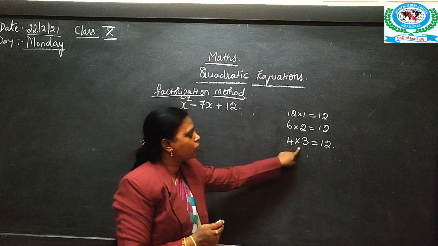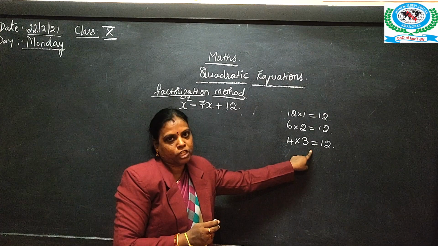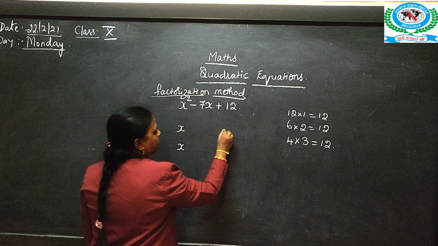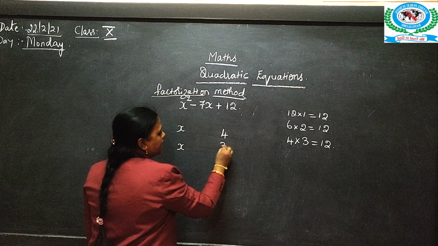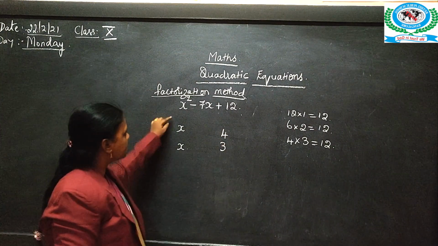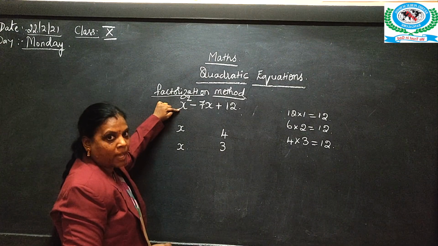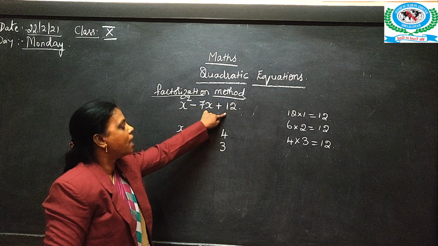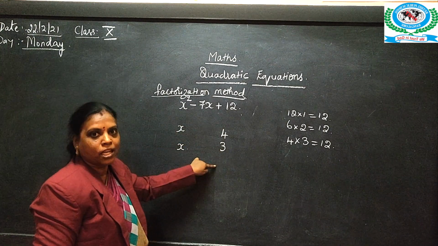So we will go for 4 into 3, which is equal to 12. So split this as 4 3s are 12. First I have split x square as x into x, and 12 as 4 3s are 12.